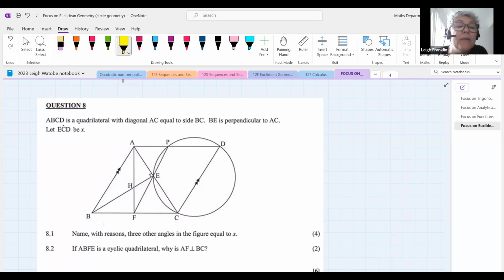So here, side AC is this one, and it is equal to BC. That's this one. So if they tell you that two lines in a triangle are equal to each other, what does that mean for us? The minute we see that, what information do we automatically know straight away?